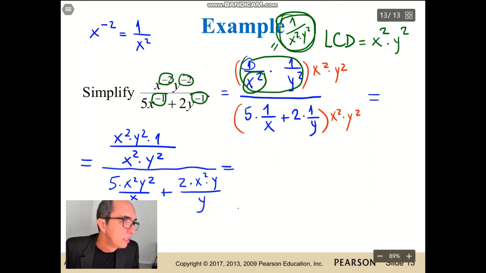Okay, moving on. Let's go down here and simplify all the things that we can simplify and make it a much simpler and nicer rational expression or fraction. We simplified here x squared with another x squared, y squared with this y squared here, and this x squared we can simplify with that x, and this y squared we can simplify with this y.